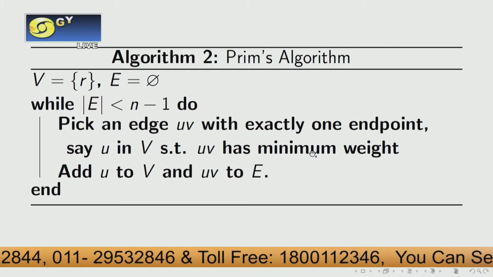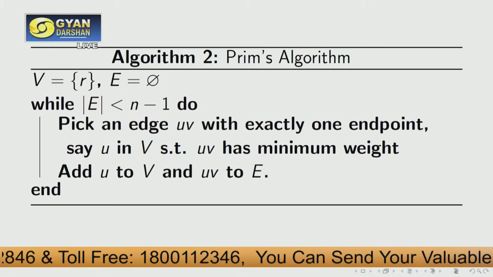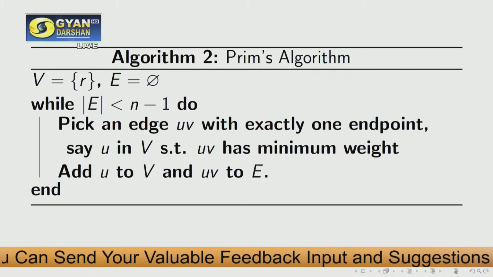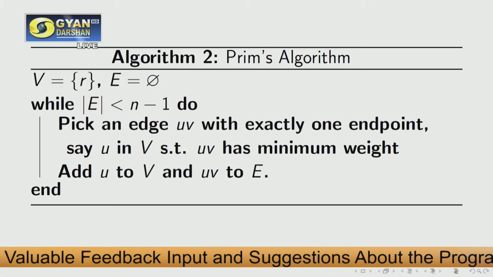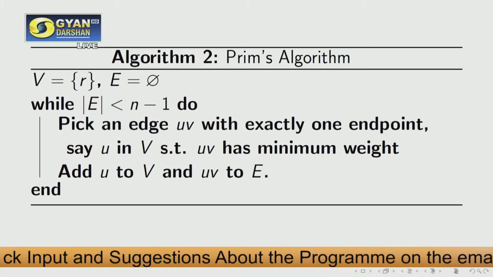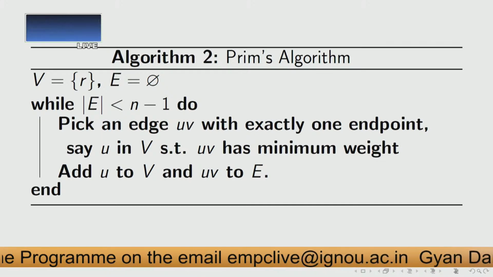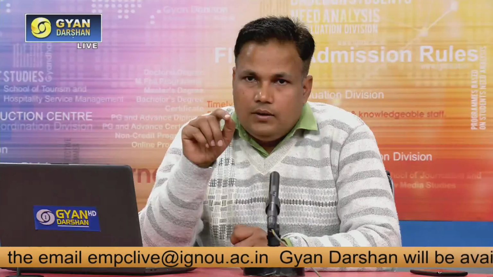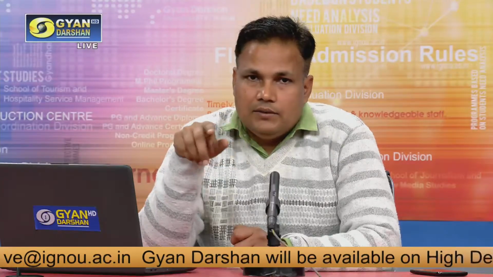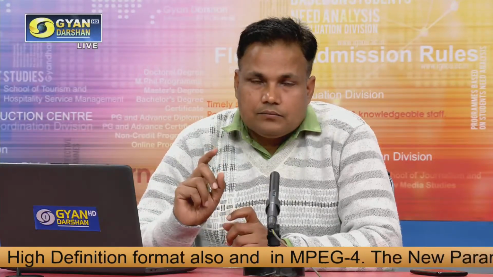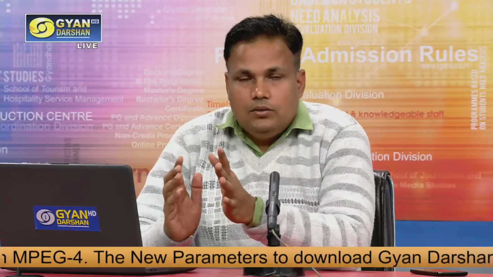Once that edge is picked, we insert the vertex into the set V and the edge UV into the set of edges E. When there is just one vertex R, all the neighbors of that vertex are scanned, and the one with the smallest weight is selected. Then that edge is added to the tree.